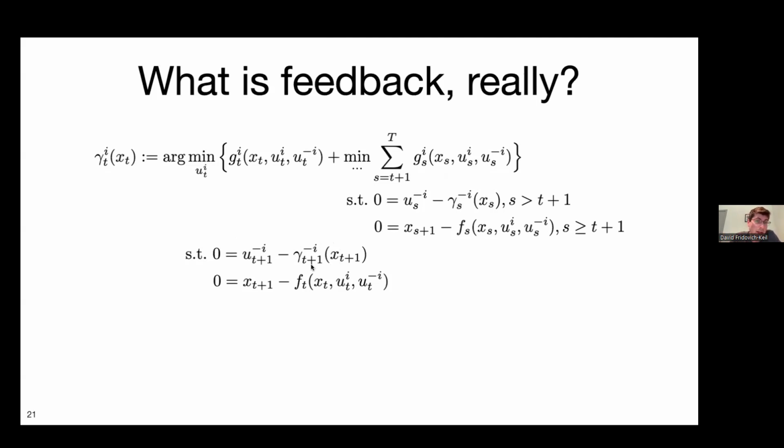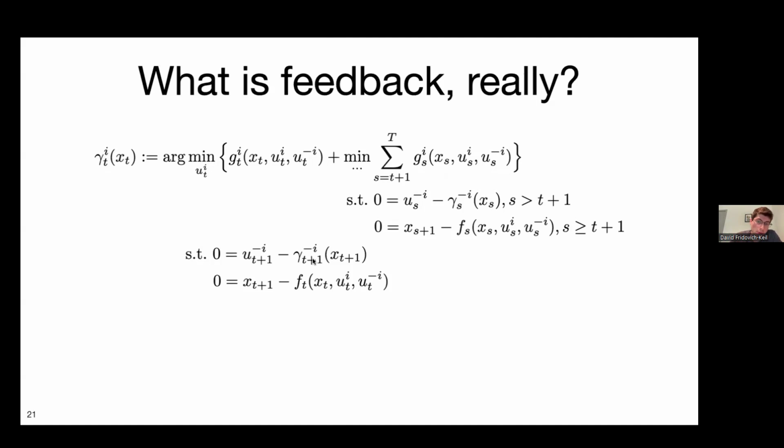So I'm going to have to give this guy a Lagrange multiplier, put him into a Lagrangian, and take its derivative with respect to, in this case, the x variables. So I'm going to have to take the gradient of gamma_-i,t+1 with respect to x_t+1.